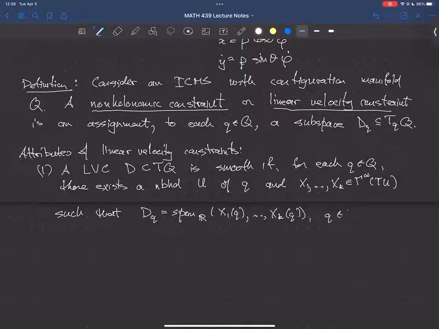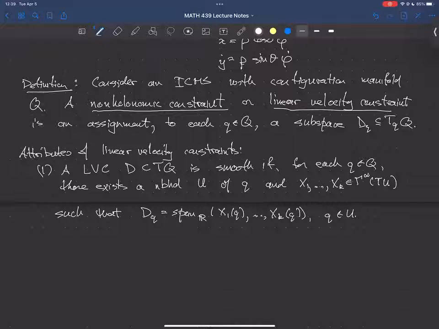And this should be true for every q in U. Okay. All right, so the velocity constraint D is smooth if I can find smooth vector fields that span the subspaces defined by D.